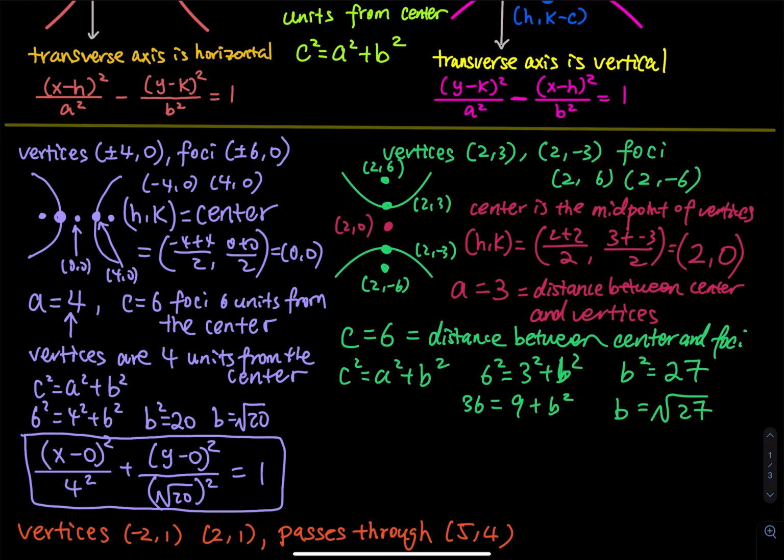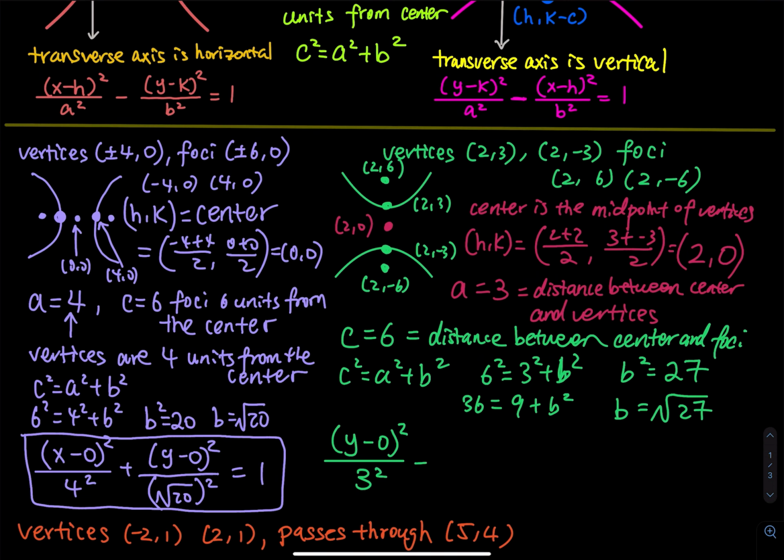This is a vertical hyperbola. Then we follow this formula, the one that I just circled. All right, then you have y minus k. What is k? k is 0, and then square, divided by a square. a square is equal to 3 square, and then minus x minus h.